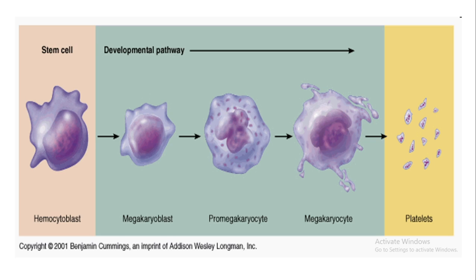This hemocytoblast converts into megakaryoblast. Megakaryoblast modifies into promegakaryocyte. Promegakaryocyte then develops into megakaryocyte, and this megakaryocyte breaks into thousands of pieces called platelets. One megakaryocyte can produce approximately 2000 platelets.